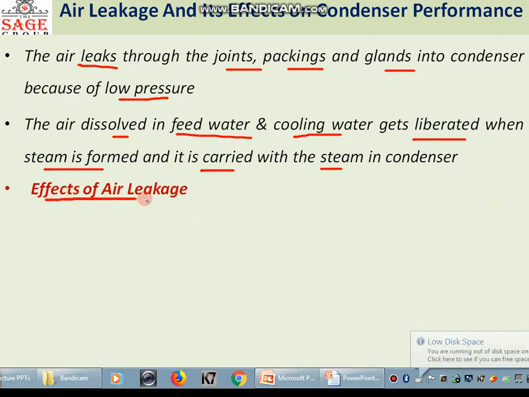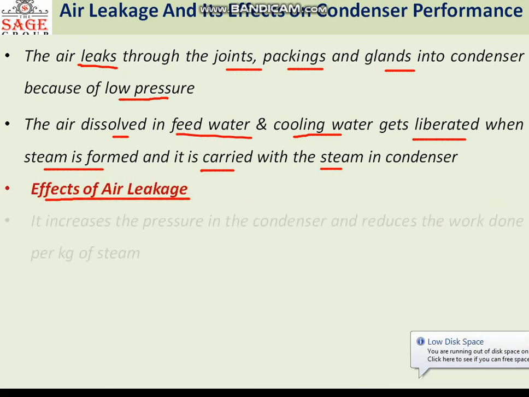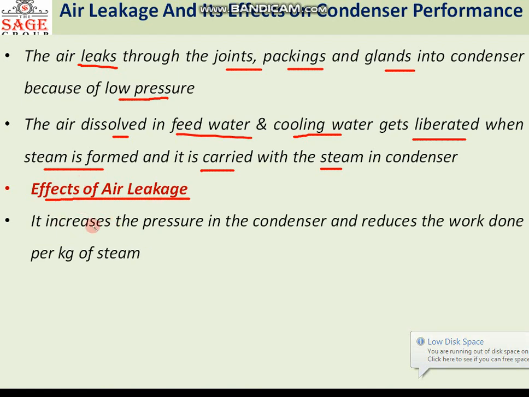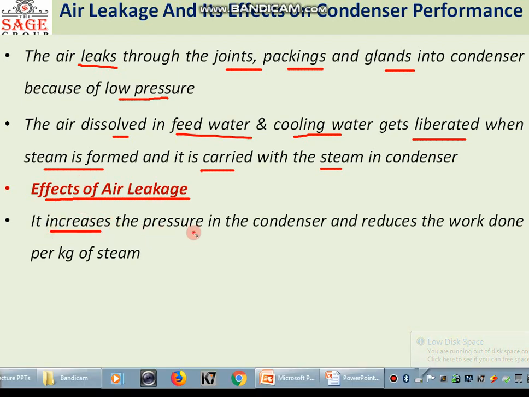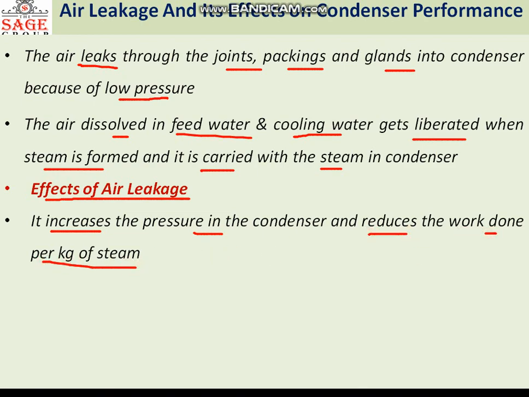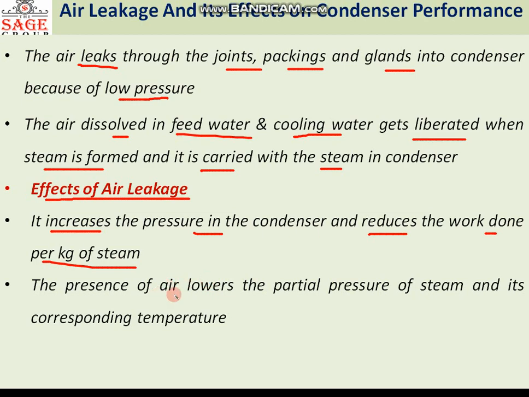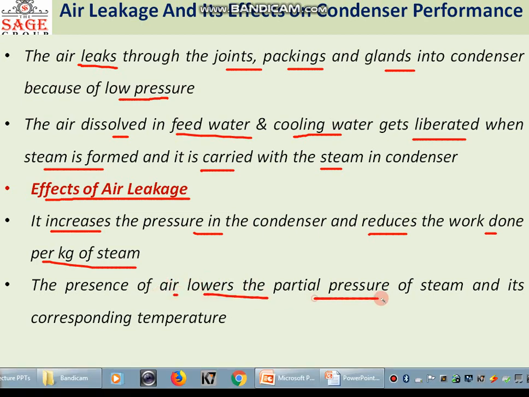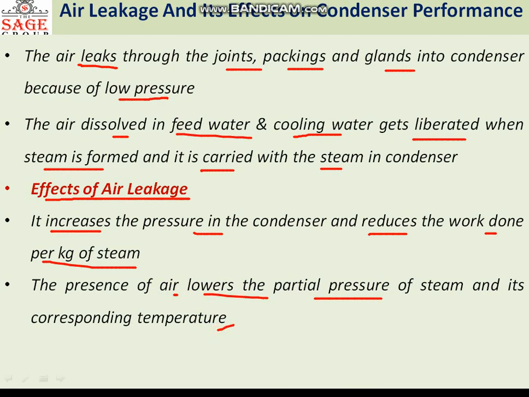What are the effects of air leakage in the condenser? The air leakage increases the pressure in the condenser, and because of that it reduces the work done per kg of steam. The presence of air lowers the partial pressure of steam and its corresponding temperature.